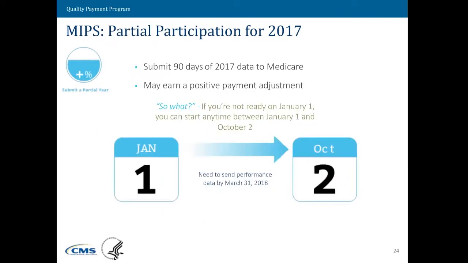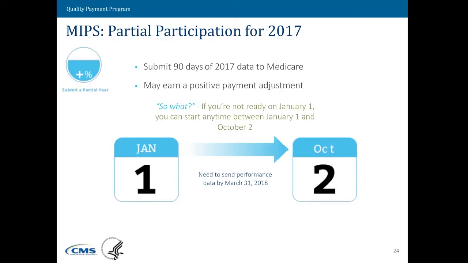Let's move on to slide 24, the partial option. So the partial option is if you want to participate a little bit more fully than just 1 measure, 1 time, or 1 improvement activity. So this could be where you participate for a 90-day period. It could be where you participate in more than 1 performance category. So maybe you want to do quality and improvement activities.